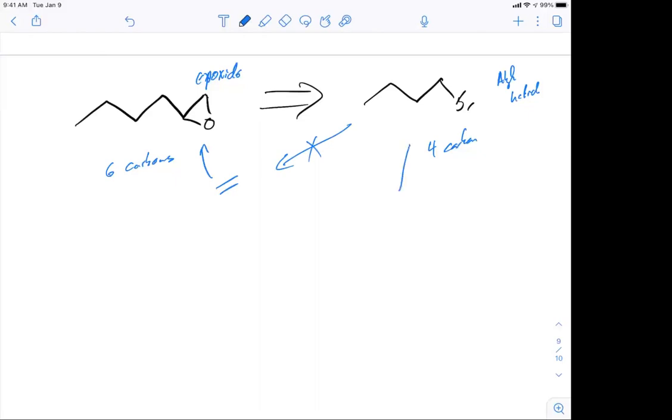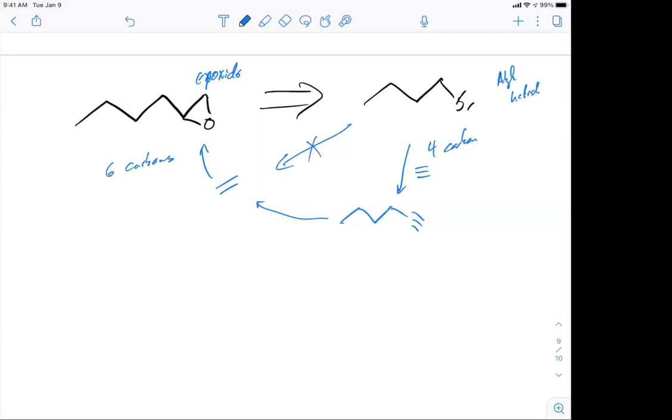But we know that if we added the acetylide, then that could get me here. That gets me the right carbons. And then I can go from the alkyne to the alkene. So this direct transformation wouldn't have gotten me to the right number of carbons.